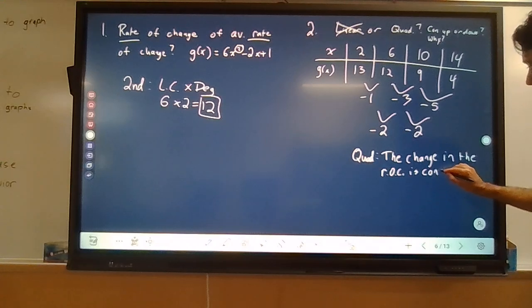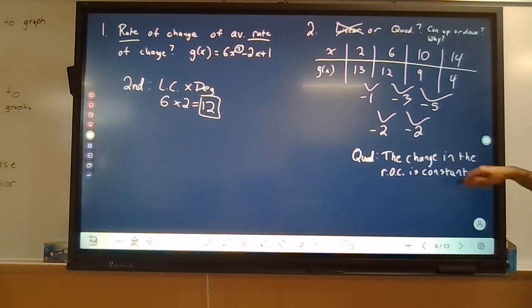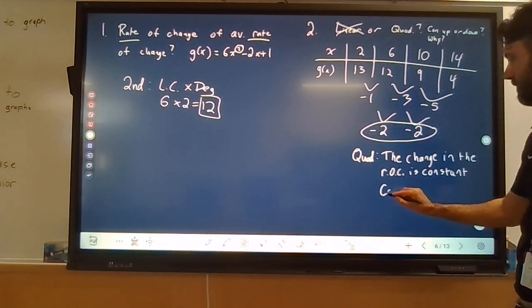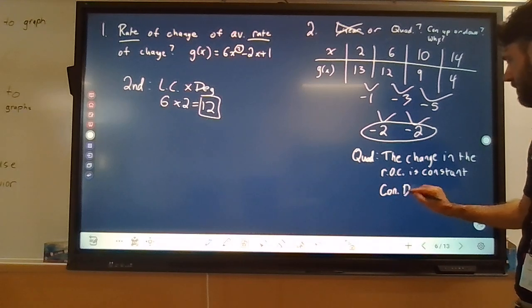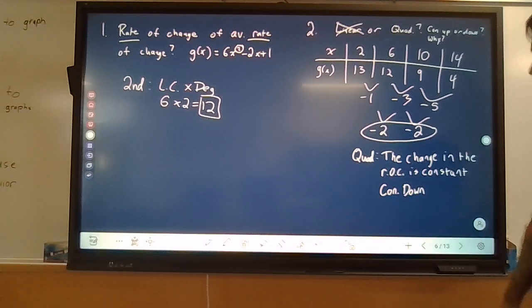You don't have to memorize this, it'll be multiple choice. But that's how we know that it's quadratic, right? The change in the rate of change is constant. Also, because the second difference here was negative, that tells us that it's concave down. All right, that's it for number two.